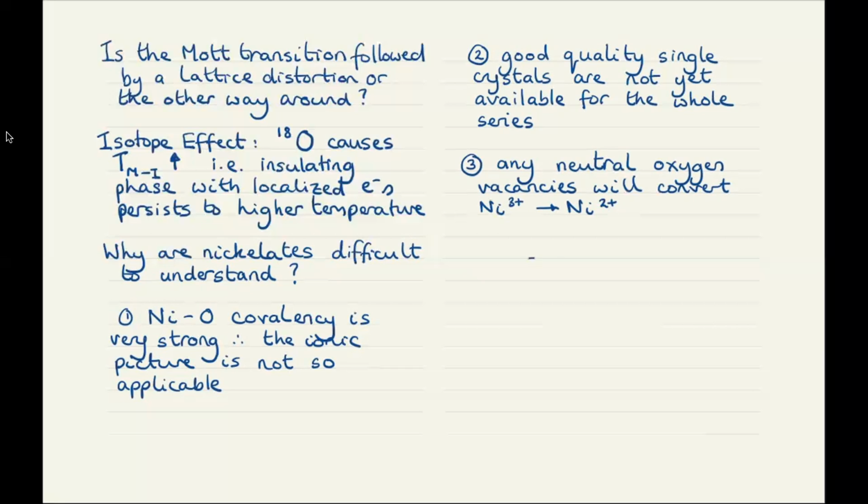And nickel 2+, which we already looked at, has this electronic structure, which of course doesn't charge order or undergo a Jahn-Teller distortion. And so there are still many open questions, and a lot of really interesting research to be done on the rare earth nickelates.